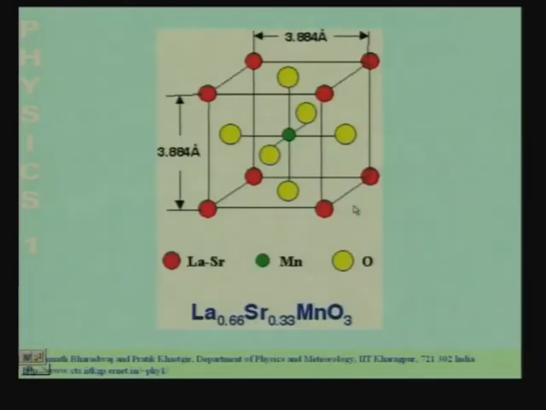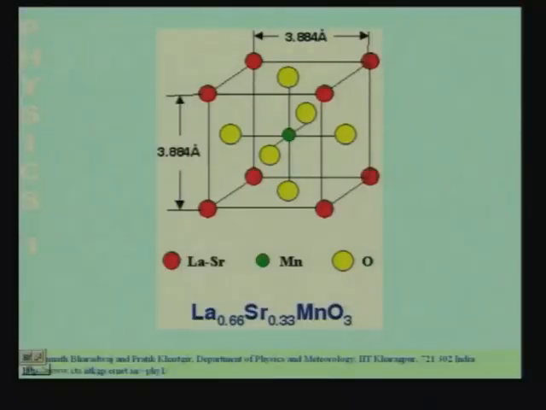Let me consider an example over here. I am going to show you a particular example, and the example which we are going to consider is lanthanum strontium manganese oxide. So, we have a crystal which has a crystal structure which is known. The crystal structure of this solid is shown over here.